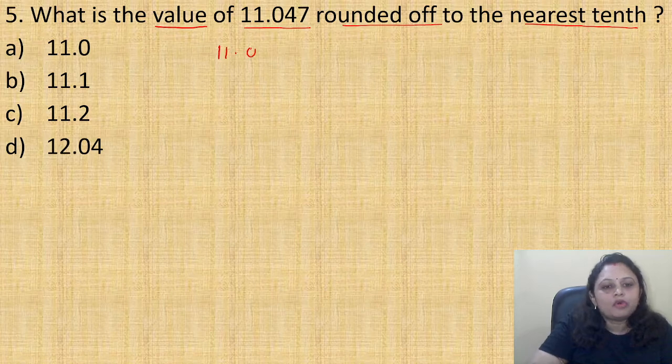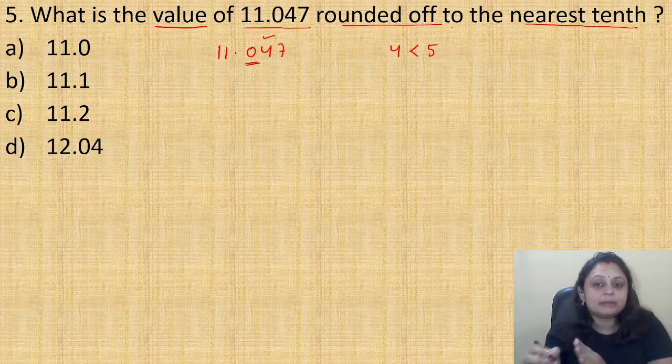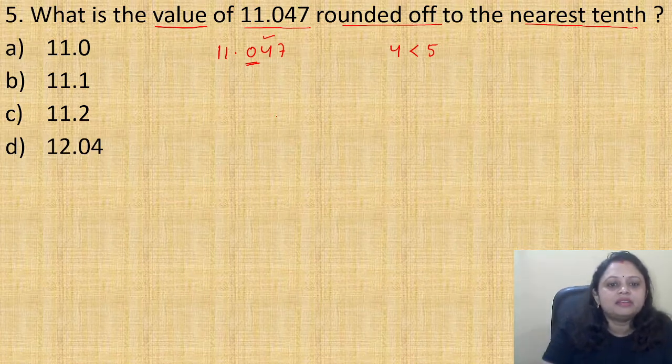So 11.047, and what is the tenth place? It is written 0 in the tenth place. Okay, 047. So in the hundredth place 4 is there, and we know 4 is less than 5. If the hundredth place number is less than 5, then this number will not change.